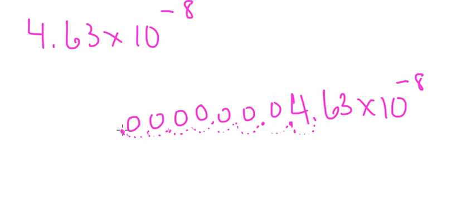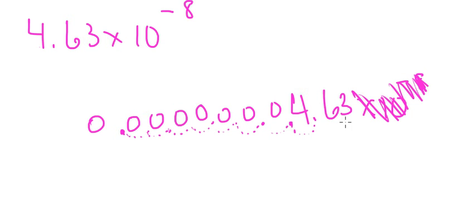So I'm going to wind up with, I always put a 0 there, 0.000000463. And then when I move everything over, I lose my times sign, my base of 10, and my negative exponent, and this becomes my answer.